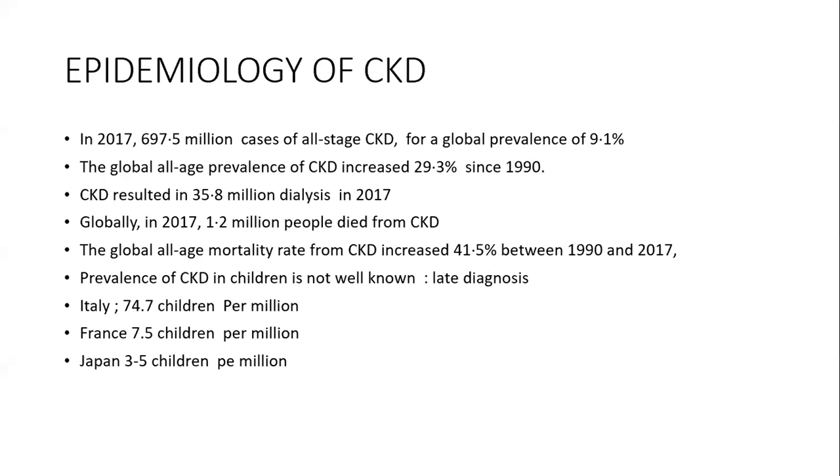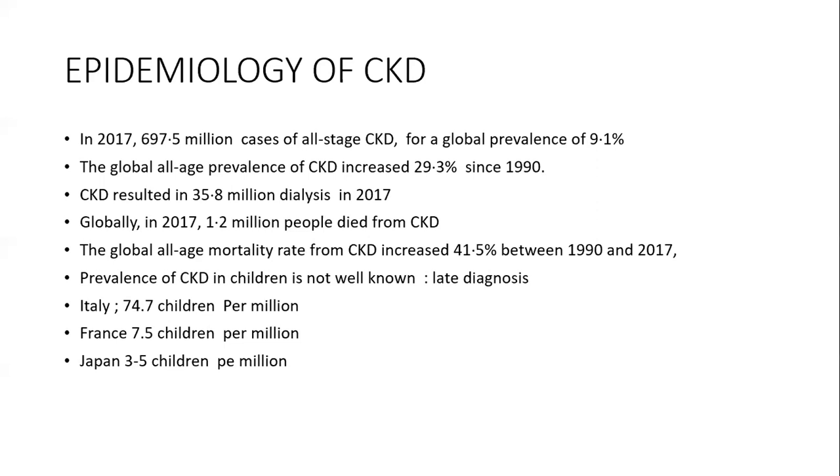In 2017, there were 35 million on dialysis, and 1.2 million people died from chronic kidney disease. The global age mortality of CKD increased by 41.5% from 1990 to 2017. You can see the burden of chronic kidney disease in the whole population.